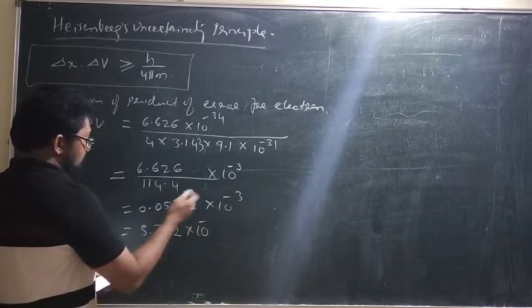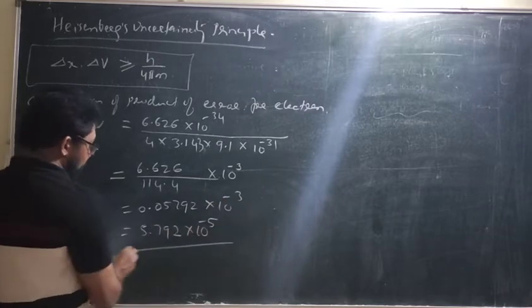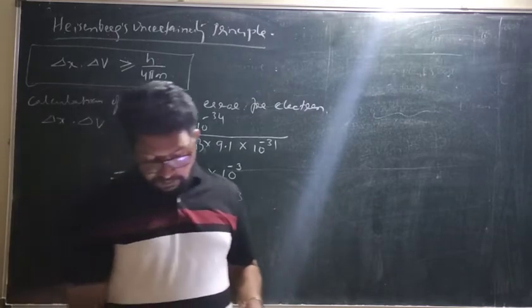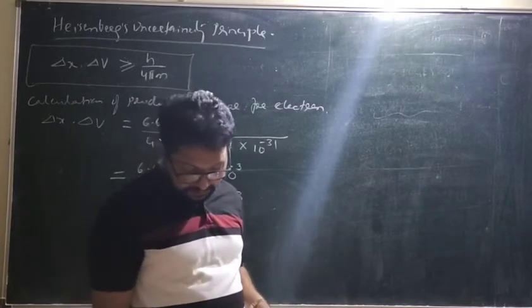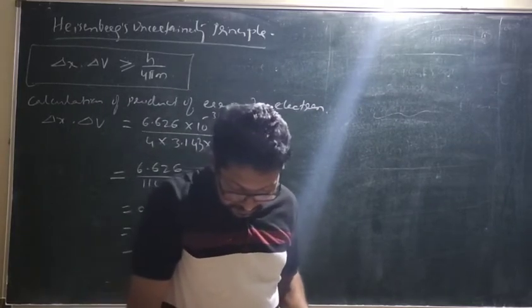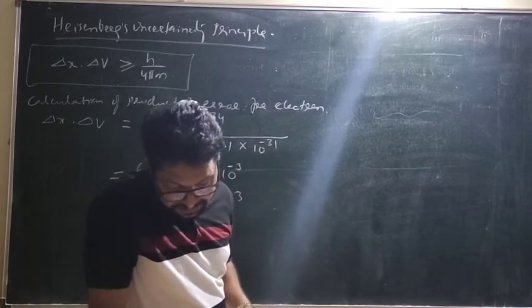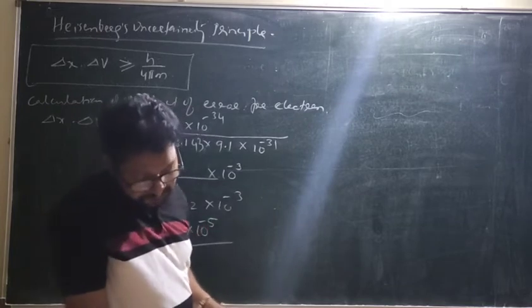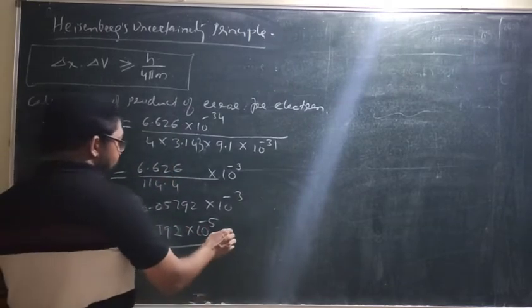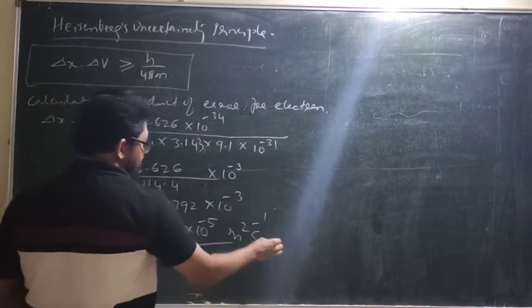You increased here, so there you have to decrease 5. So this is the product of error. Is it correct? Product of error. The unit is meter square per second.